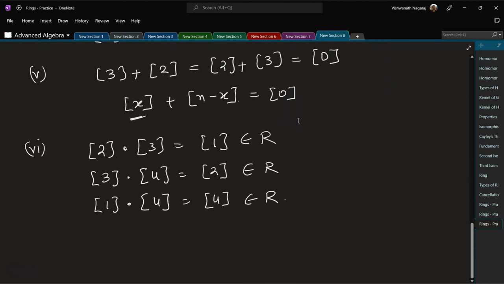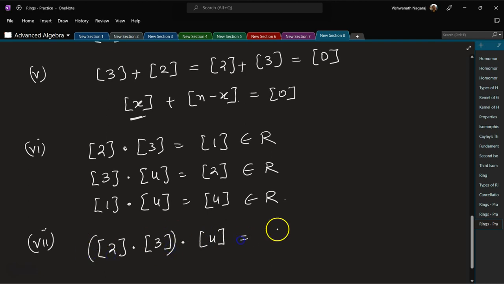Now associative under multiplication. So let's look at that. Let's again take some examples. 2 times 3 times 4. Let's do this, and this should come out to be the same as 2 times 3 times 4 grouped the other way.